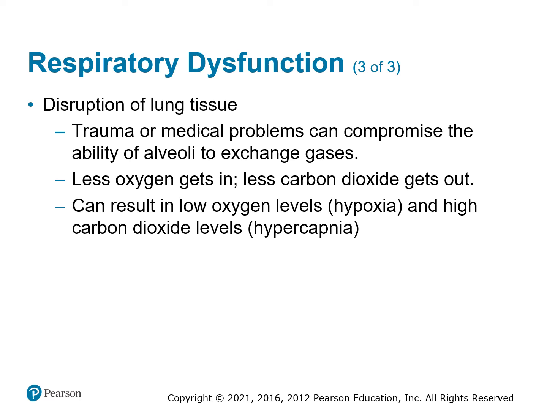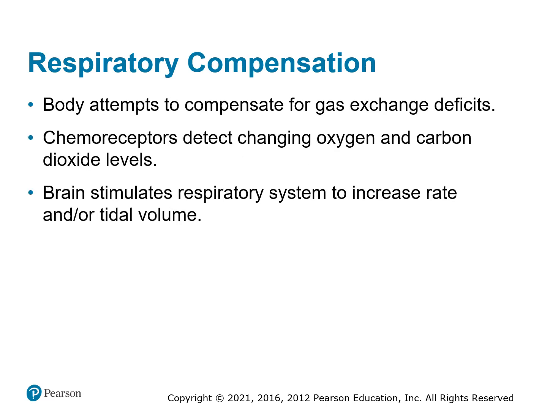When it gets into the lungs and reacts with the water in the lung tissue, it actually starts forming hydrochloric acid. That burns the alveoli and causes problems for us. So we want to keep that lung tissue healthy. If you have problems with the lung tissue, with the chest mechanical side, or with the brain sending the right signals, you're going to have some type of respiratory dysfunction.